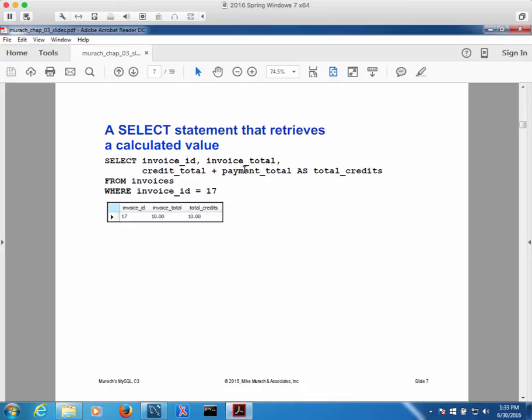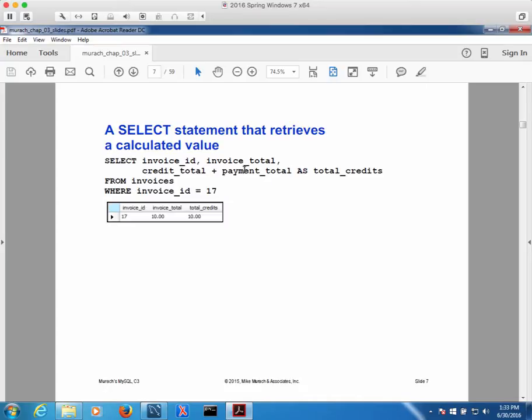Now, in the select clause, it's possible to not only name a field, but to get a column to come back in our result set that is calculated. So here on slide 7, we're including two columns that are being taken as they are, invoice ID and invoice total.